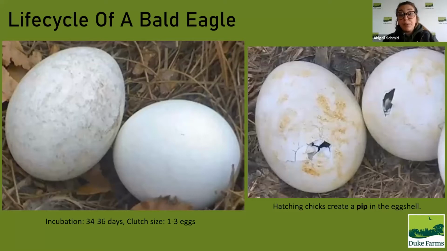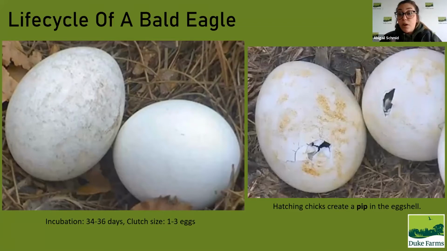That's a really, really long time to have to sit on eggs. And it's really important that the female and the male switch off while doing this, and they do just that. They work together as a team, incubating these eggs for 34 to 36 days until they are ready to hatch.